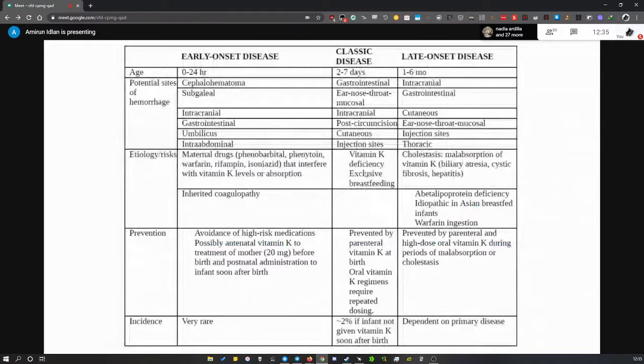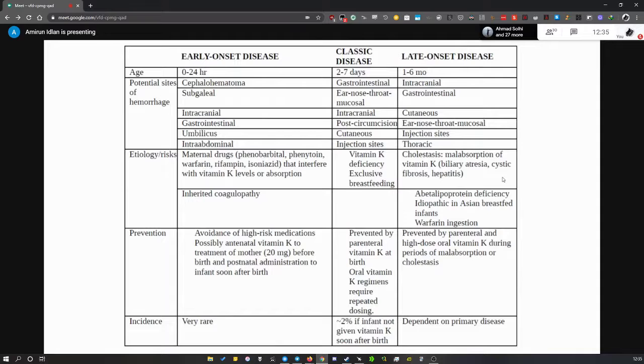Okay, thank you, Amirun. Any question to Amirun? Yes, I have one question. I might have missed some point. Can you repeat why prematurity can be a cause of bleeding?